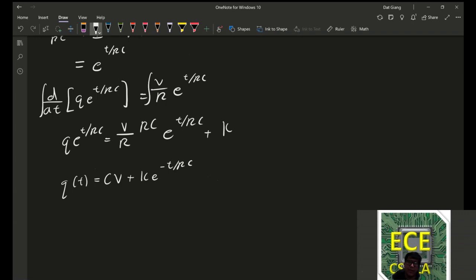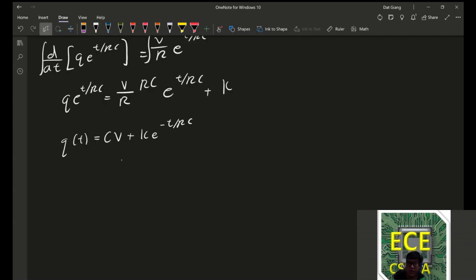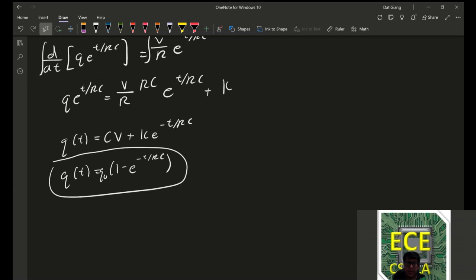And actually, what ends up happening is that we can show with our given initial conditions that this models the following: 1 minus e to the negative t divided by RC times Q naught. And this right here, alongside the voltage relation as well as the current relation, gives us the behavior of a first order circuit system.